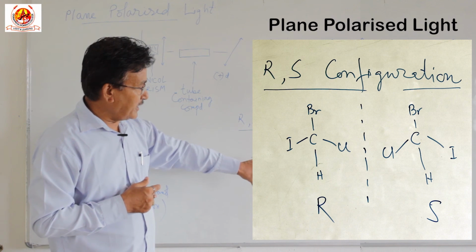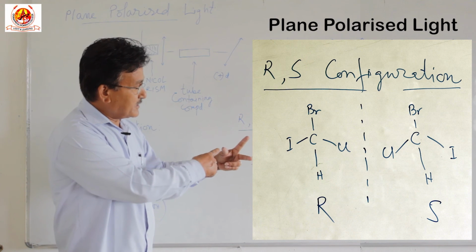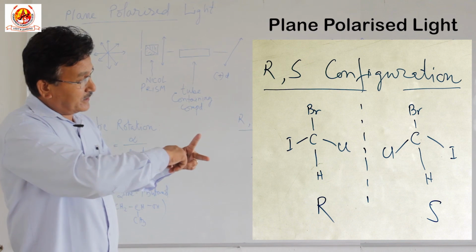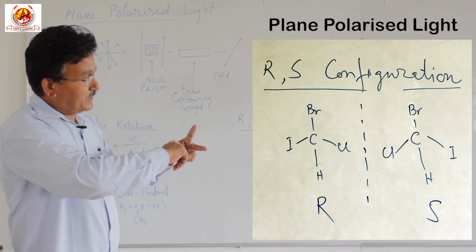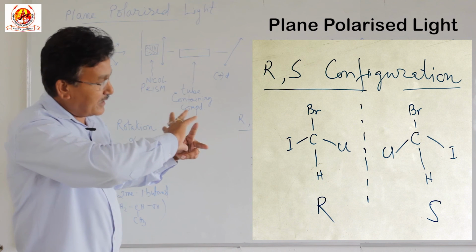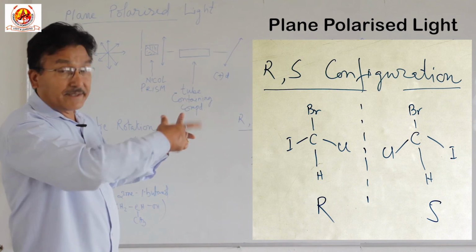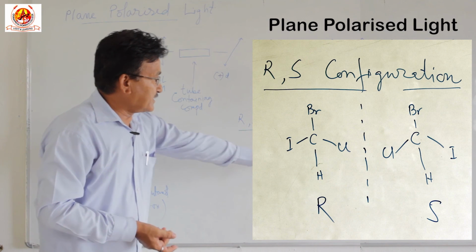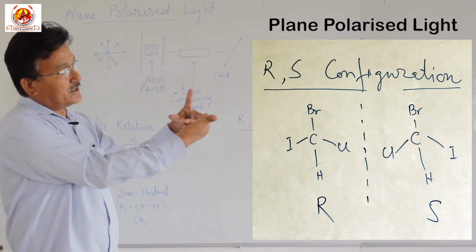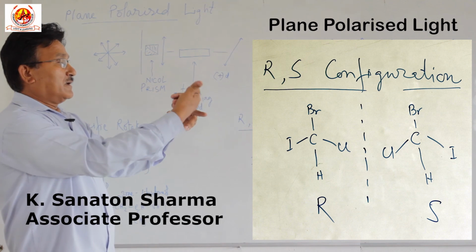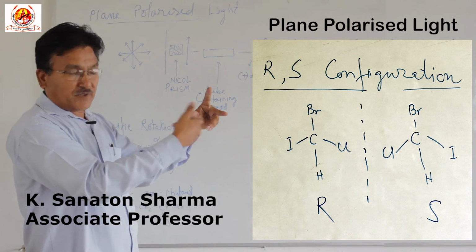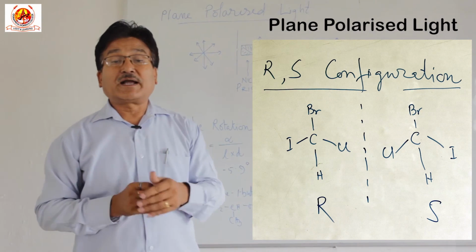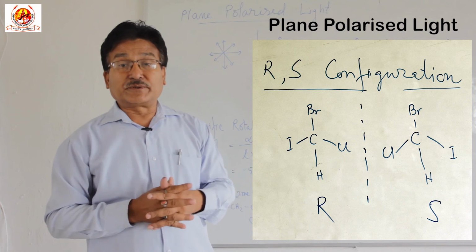Hydrogen is away from me, and if it is like this, iodine here, bromine here, and chlorine here, the rotation sense will be that our eye will be moving right-handed. So this is rectus. In this other case, the least is away from me, with iodine, bromine and chlorine, and this is left-handed. This is very simple way to introduce this RS system of configuration.